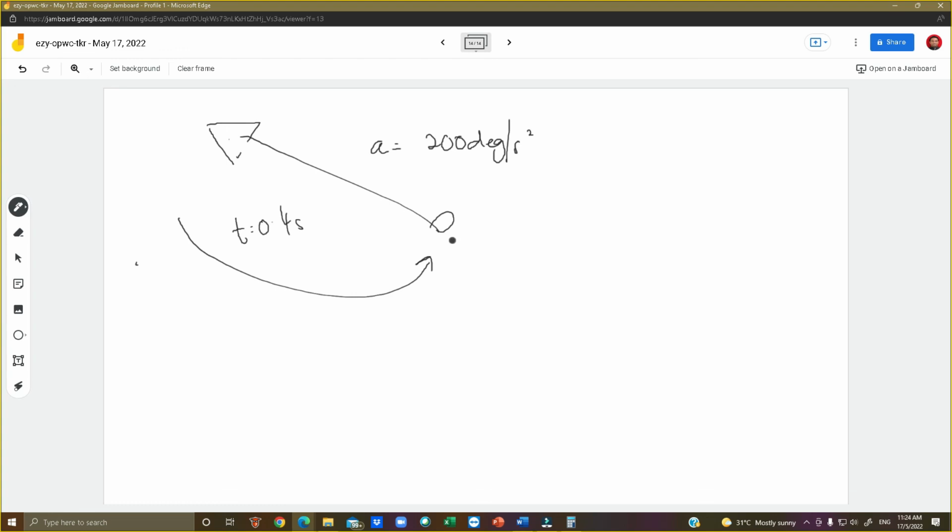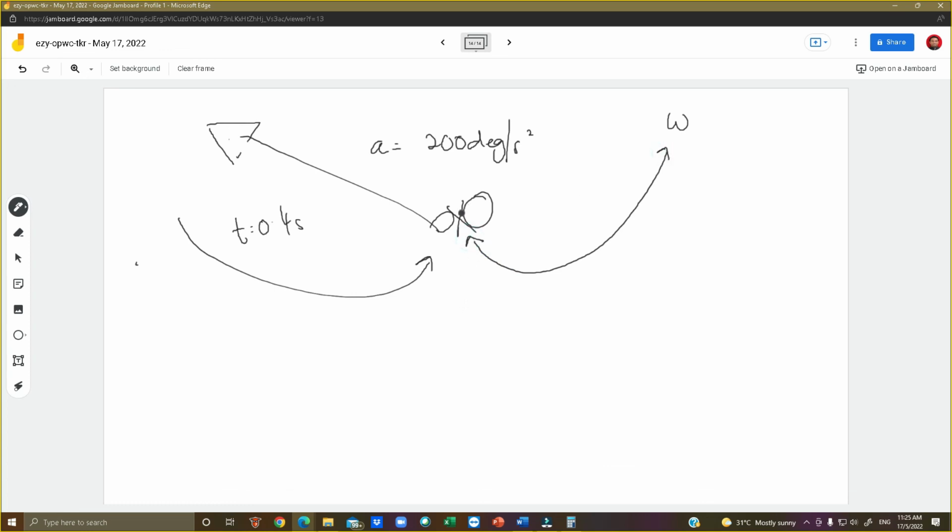Alright, so the question is, what is the angular velocity? Dia suruh kamu cari what is the angular velocity of the leg at the instant of contact with the ball. Maksudnya dia nak kamu cari angular velocity dekat sini, dekat bahagian contact.